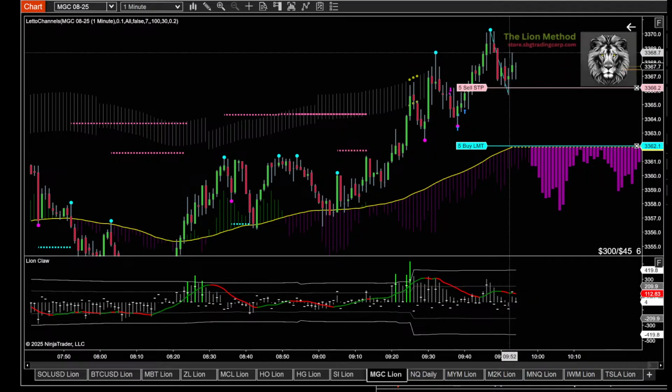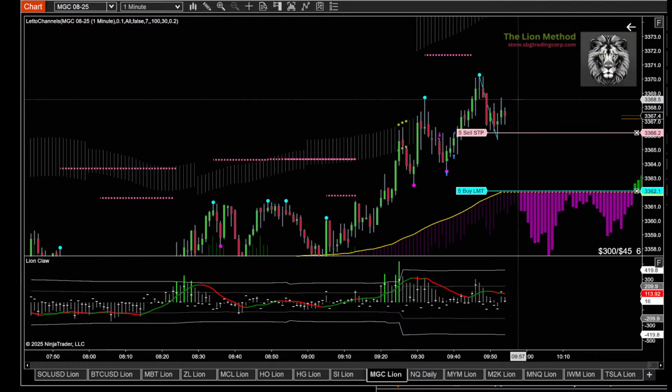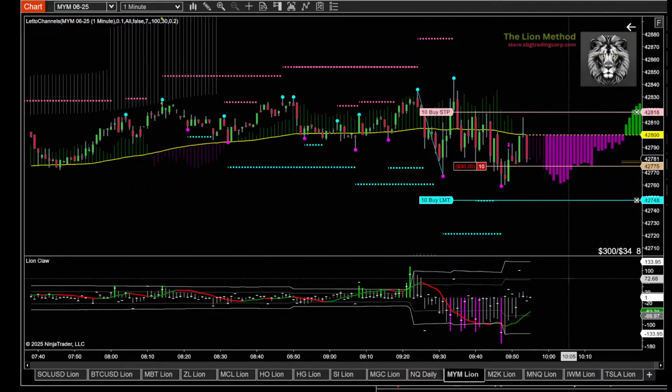If I get filled on this short, my stop is going to be tight. It's going to be right here, right at the high of that swing. That's a nice reversal. This trade is alive from the dead, y'all. All right.